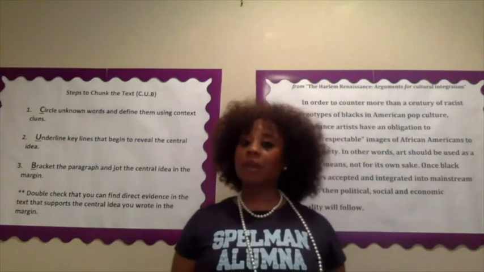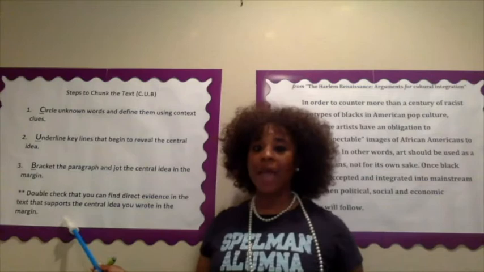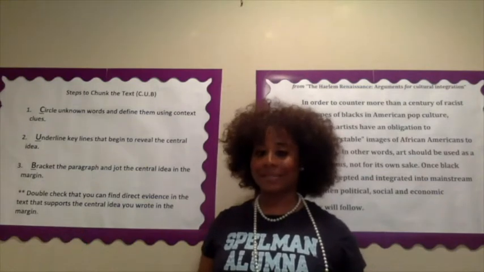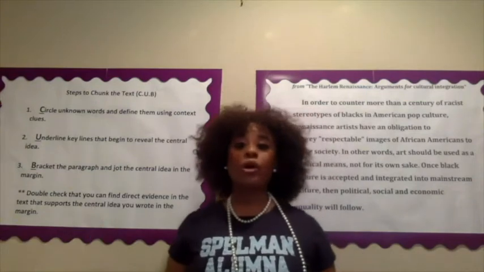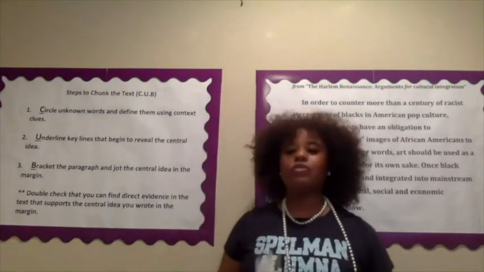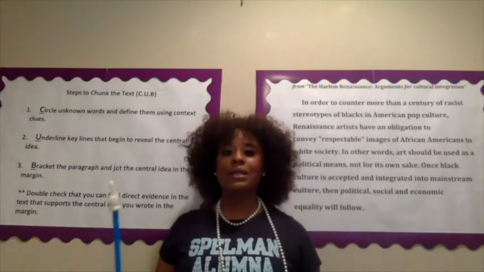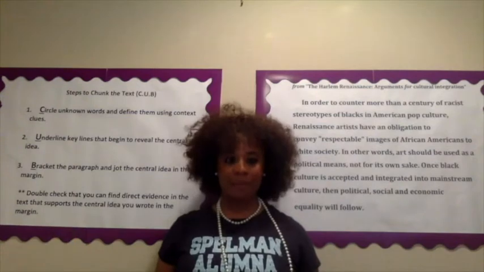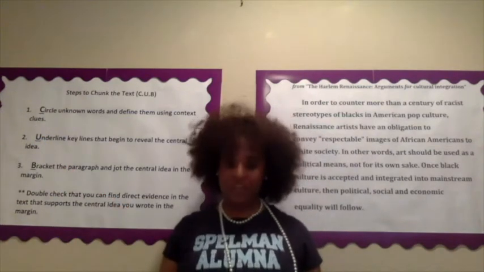And before we start the text, perhaps the most important thing, after you jot your central idea, you always want to double check that you have what to support the central idea? Evidence. Exactly. You always need evidence to support your claim or to make your argument. Got it? So that's easy. CUB. Should we try it?